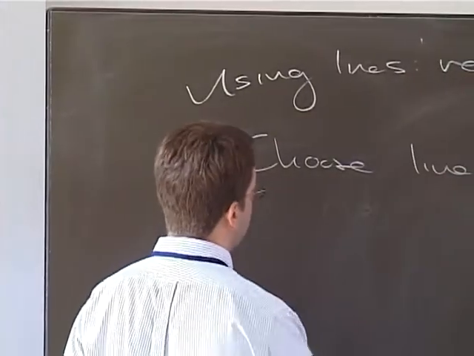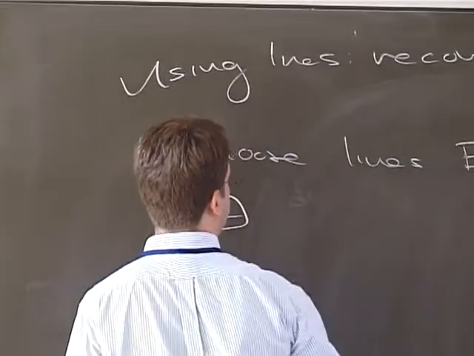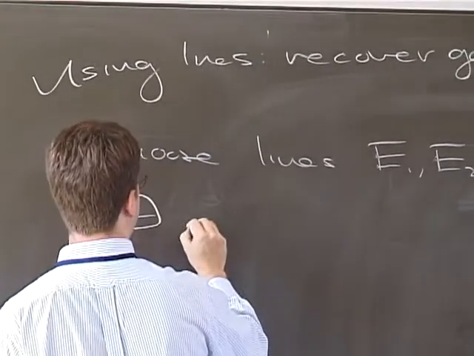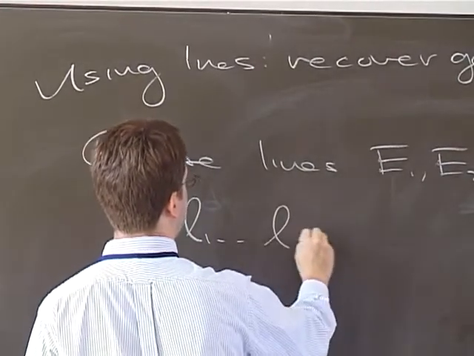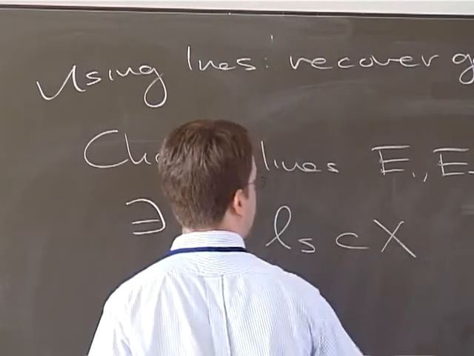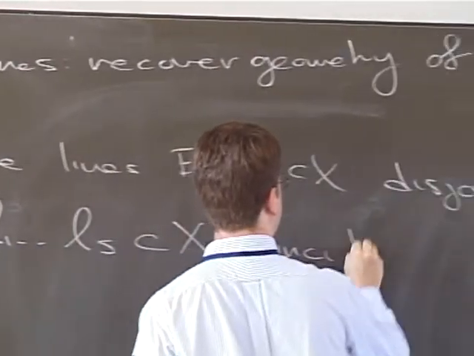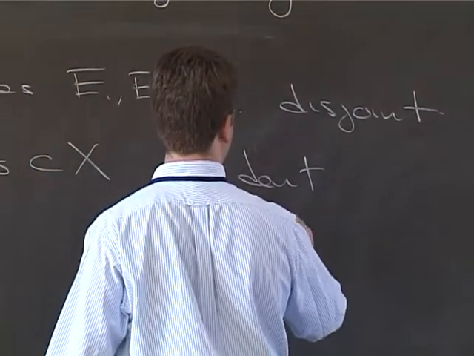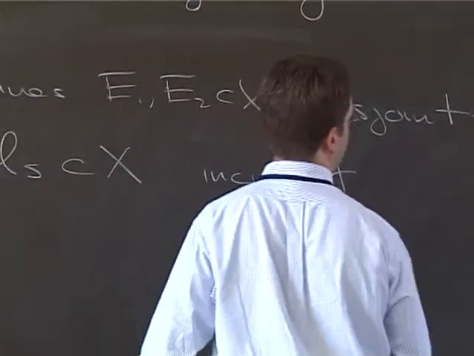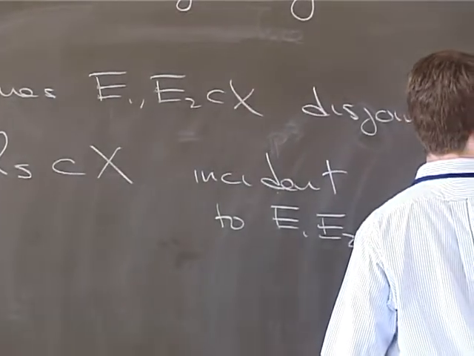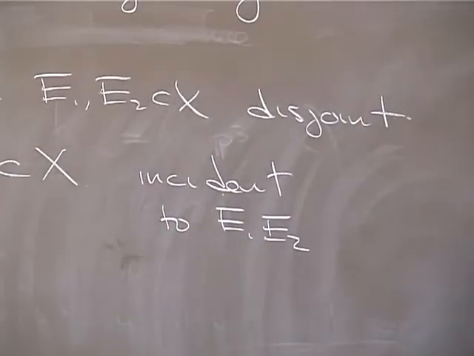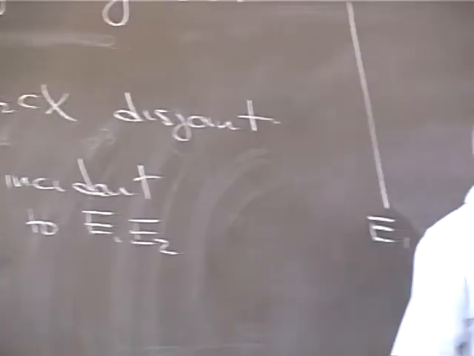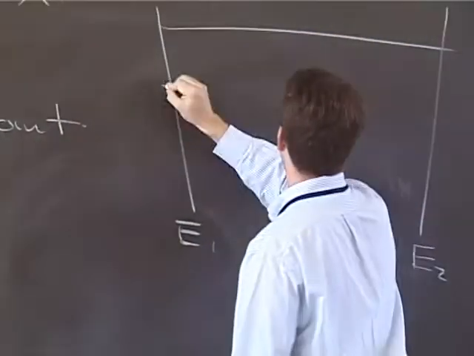And moreover, by the same argument, there exist 5 lines which are incident to both E1 and E2. So we have our disjoint lines. I have a whole mass of lines.